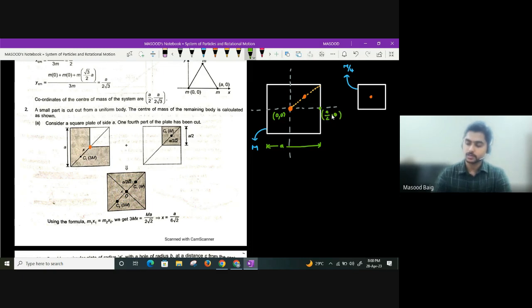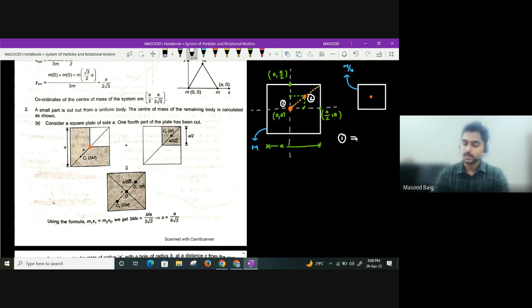So automatically what we can tell? This point, if I take it on the y-axis, is 0, comma a by 2. So is it exactly at the center or not? Here, this will be exactly at the center. Here also it is at the center only, guys. So what will the coordinates be? Let us say this is the first mass and this is the second mass.